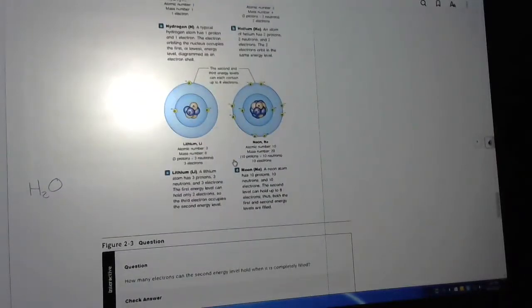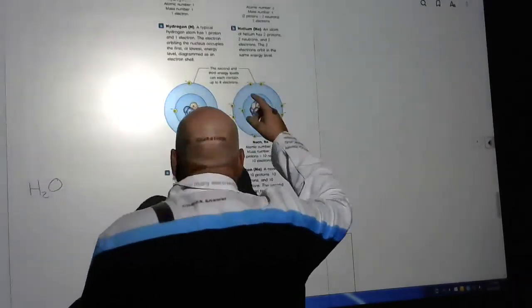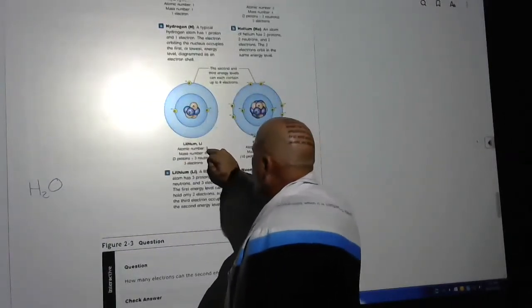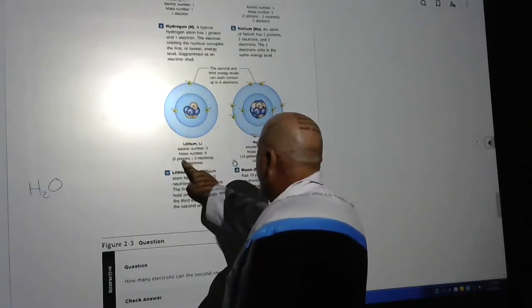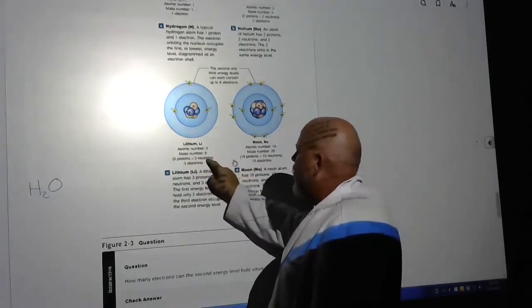Next, we're going to talk about the valence shells. We have valence shells and valence electrons. How many electrons can the first shell have? Lithium has an atomic number of 3, which means 3 protons, 3 neutrons, and 3 electrons.